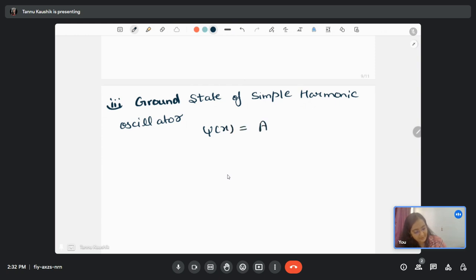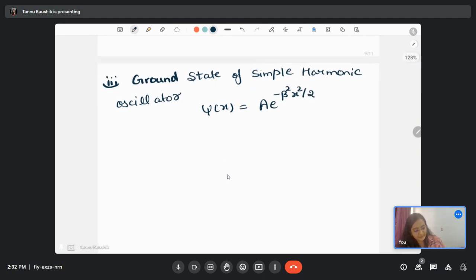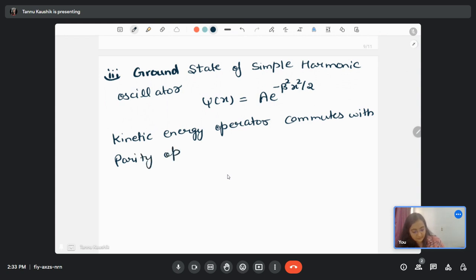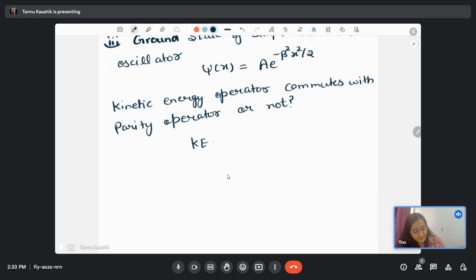Ground state of the simple harmonic oscillator, which is psi of x is equal to A e raised to minus beta square x square by 2. So here we will check whether the kinetic energy operator commutes with the parity operator or not.